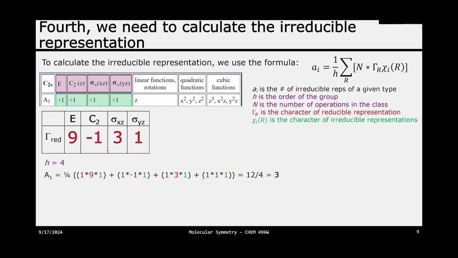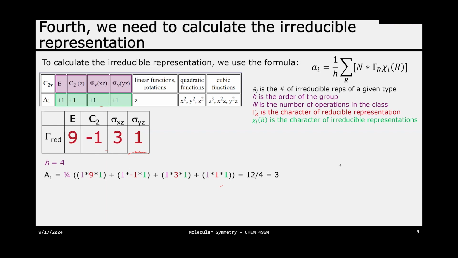And for the last one, 1 for the number of operations, 1 for our reducible representation that matches up with our YZ, and then 1 for the character in the table of A1 and YZ. We do all that math, we get 12 in the inner parentheses, and we divide that by 4, our order, we get 3. Now we've got to go through this for each row on the table.